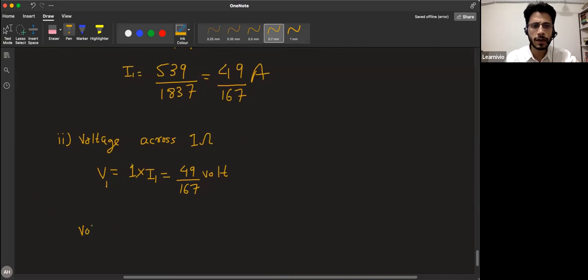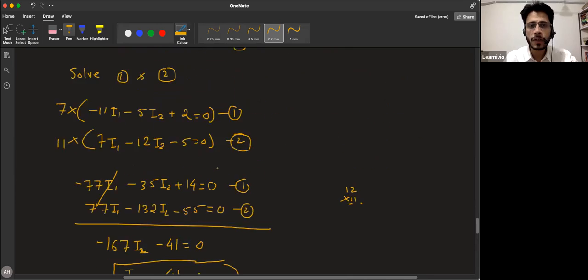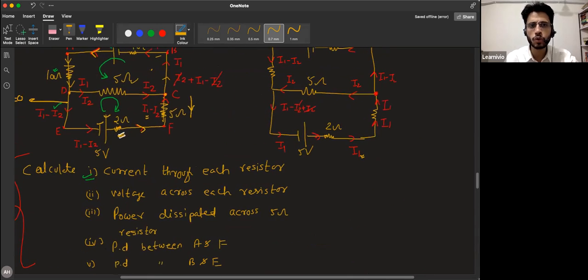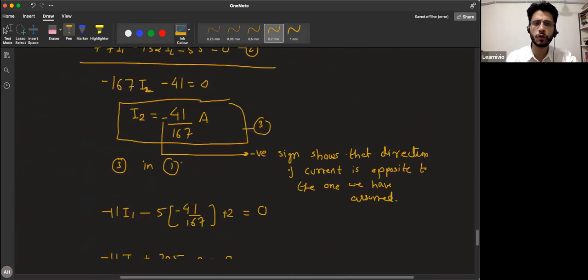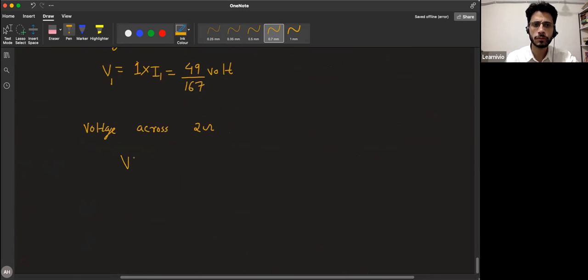In the next part, let's calculate the voltage across the 2 ohm resistor. If I ask you to calculate the voltage across this 2 ohm resistor, what will be the expression? V2.